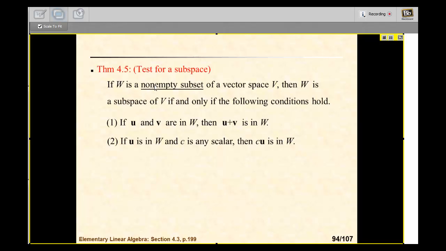Remember, for a non-empty subset W of a vector space V, W is a subspace of V if and only if the following conditions hold.